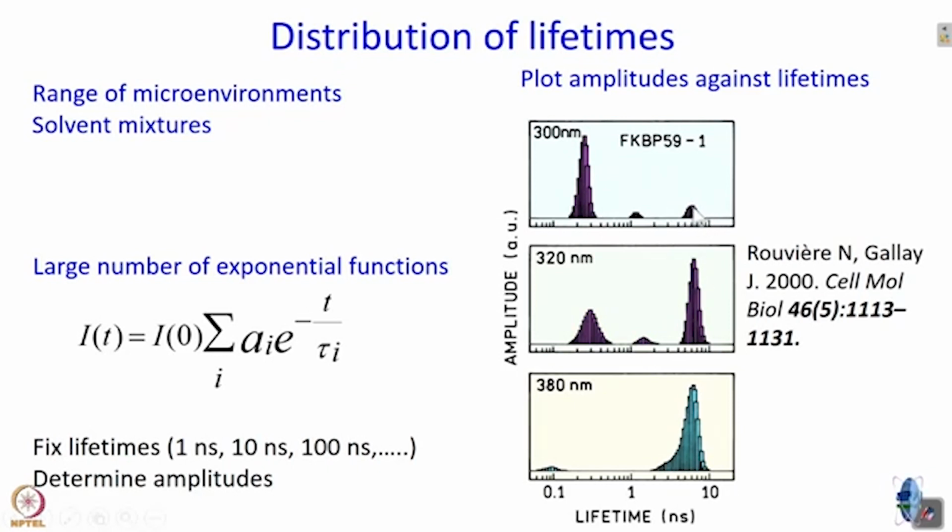This long component has become very small, and this one has also gone down compared to what it was. Okay. So, here I hope we have been able to convey that by doing this kind of data fitting, we actually get a wealth of information that we do not get if we mindlessly fit our data to a double exponential or triple exponential model and resort to an average lifetime. That means nothing. This actually tells you what your system is like.